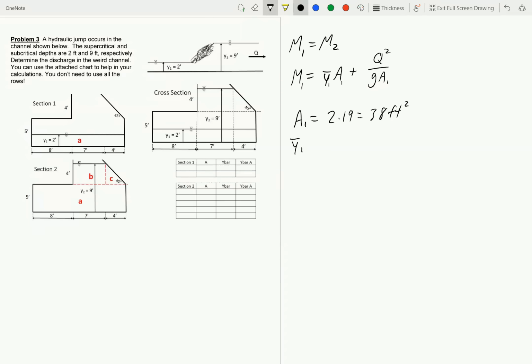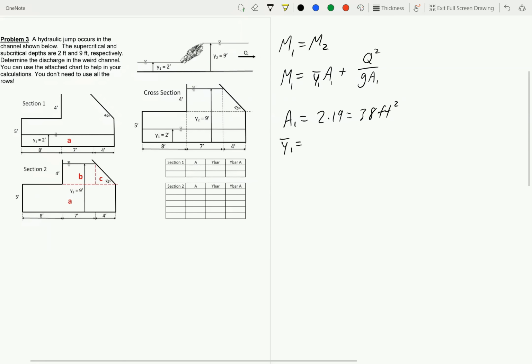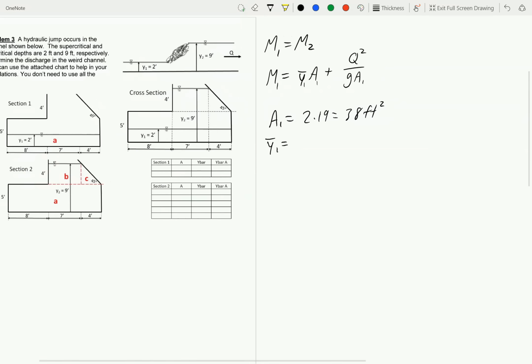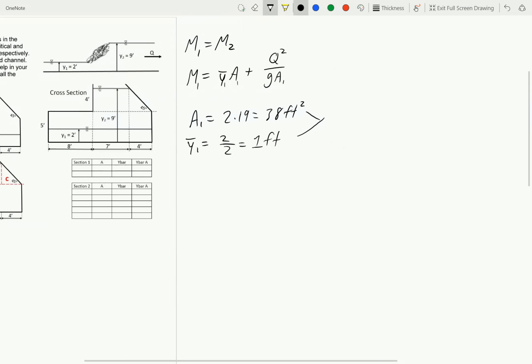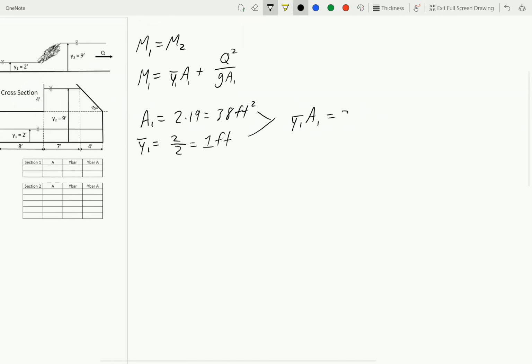Then we have y bar 1, and that's simply the distance to the centroid measured from the water surface, which in this case is just 1 foot, or 2 over 2. So y bar 1 A1 is just 38 times 1, so we have 38 feet cubed.